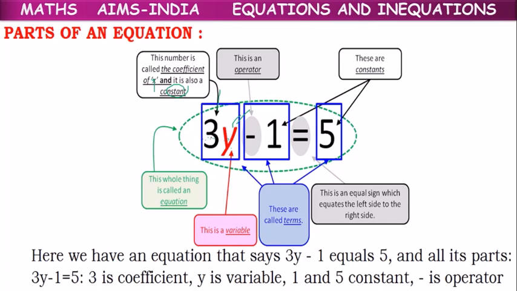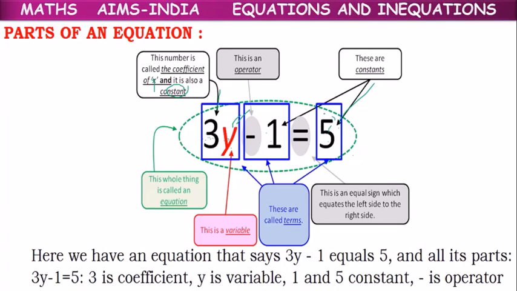Minus 1 has no variable, so it is not a coefficient, it is just a constant. Here 5 also is only a numeral, it's just a constant.